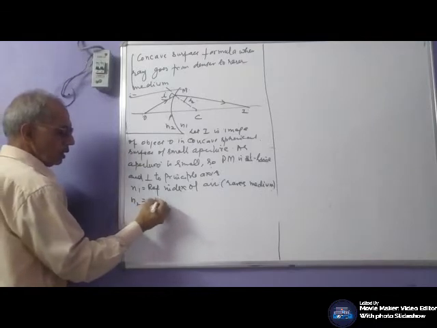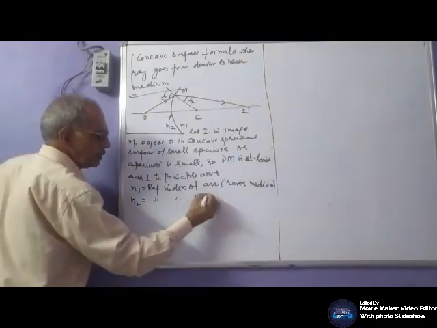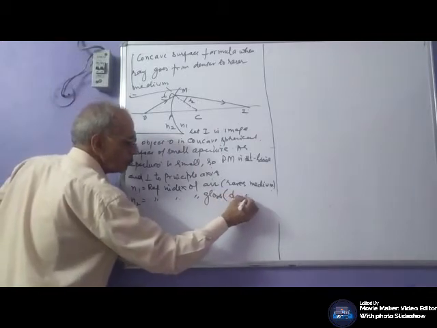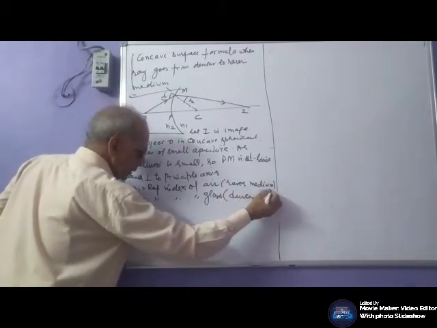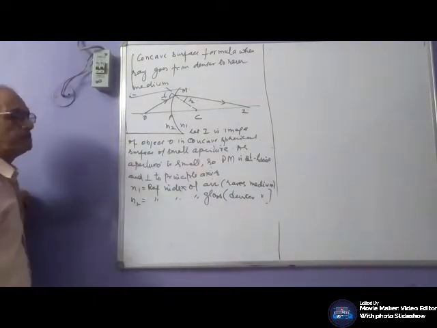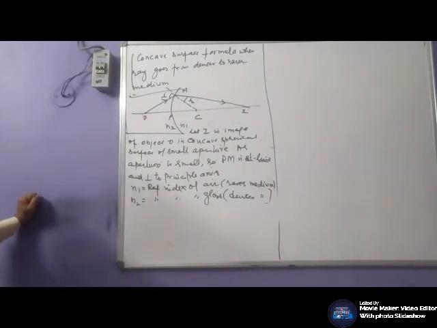N2 is the absolute refractive index of glass, the denser medium. Same, rarer to denser, N2 by N1 is sin R by sin I.